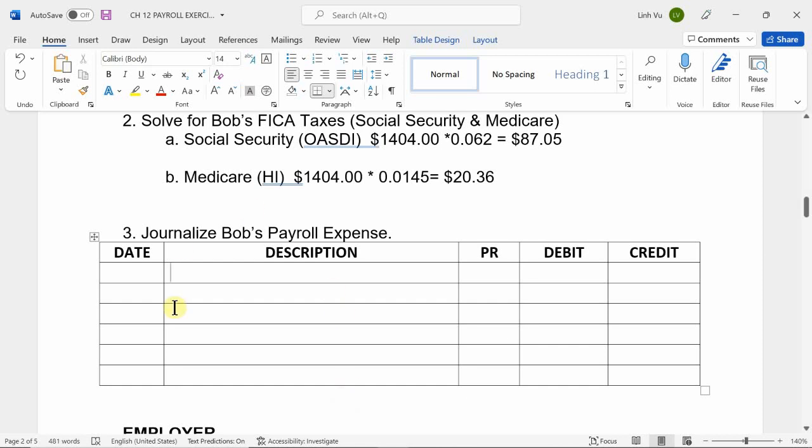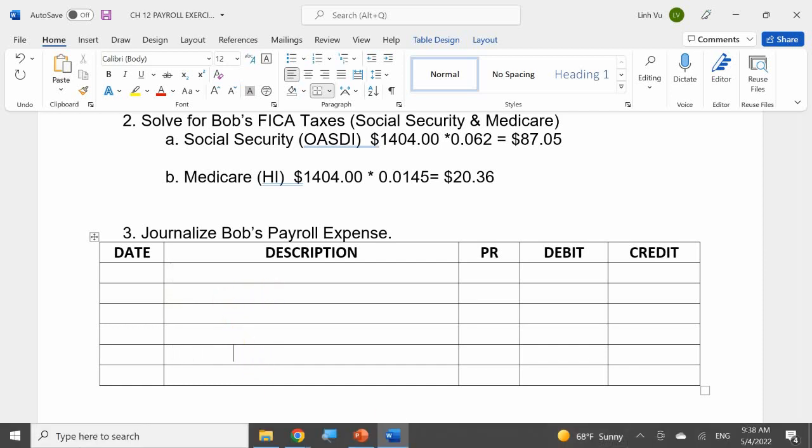Not payroll. Check is going to be last, because you have to pay him, right? No, you're not going to put that in there.